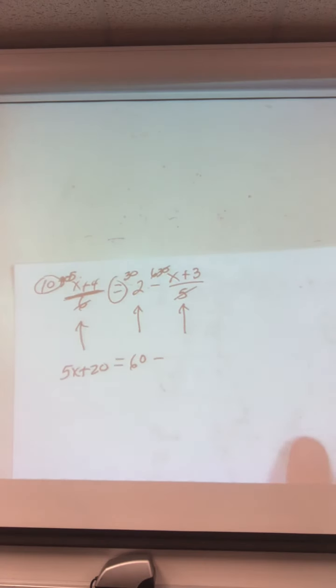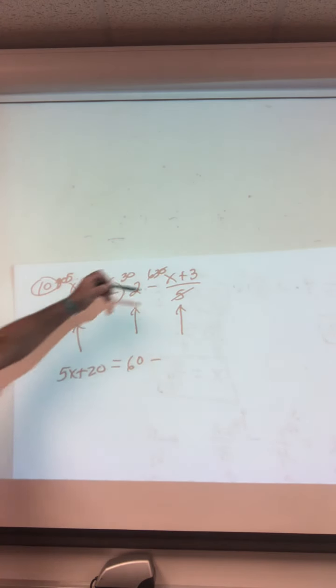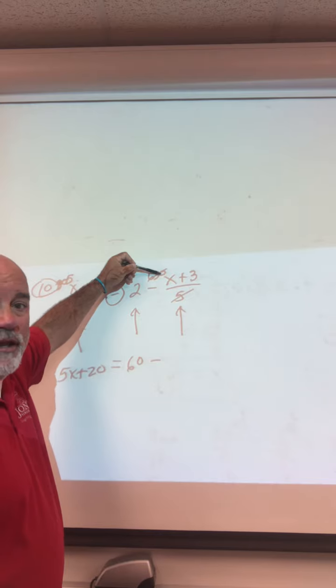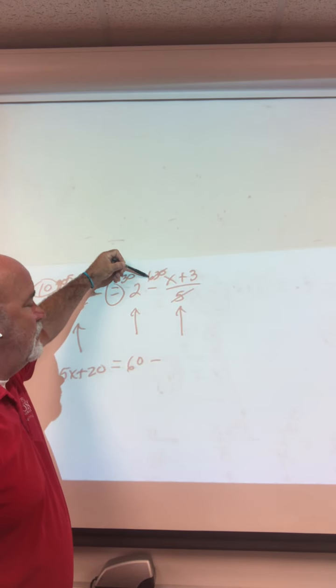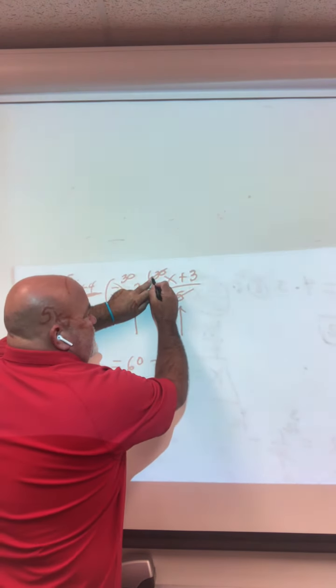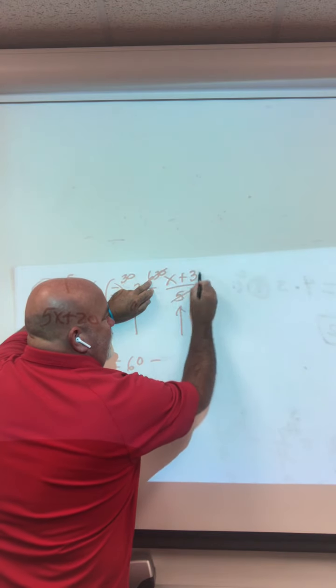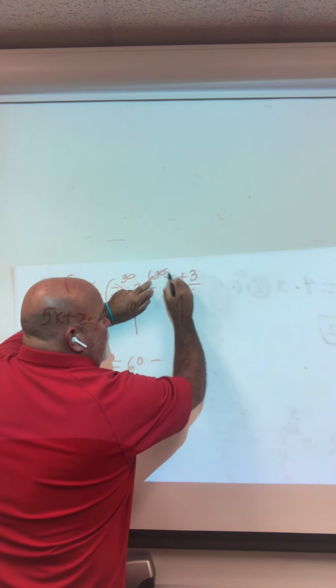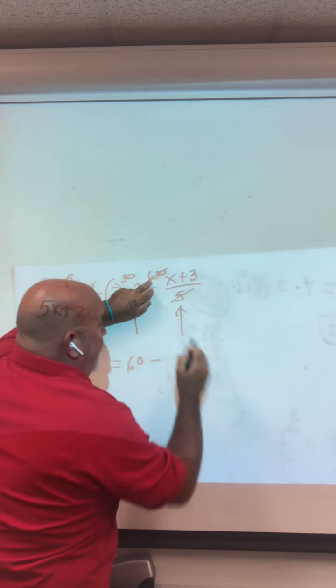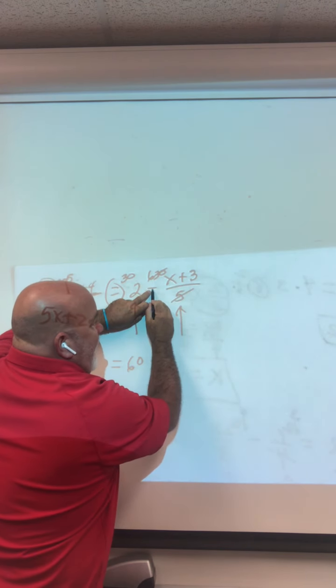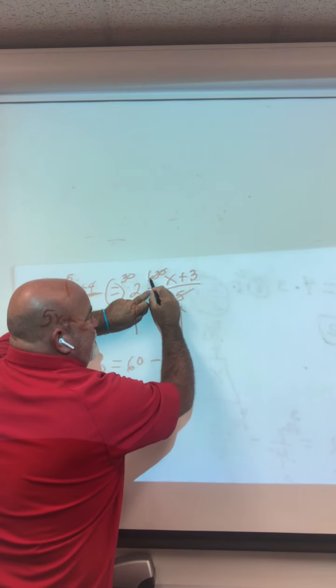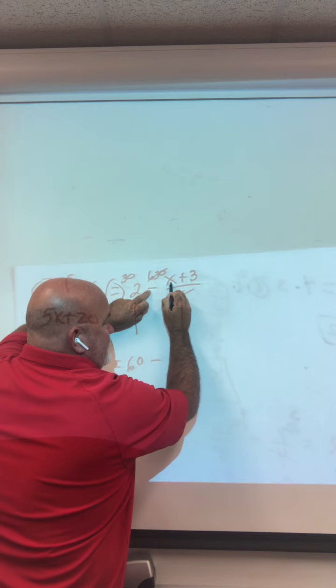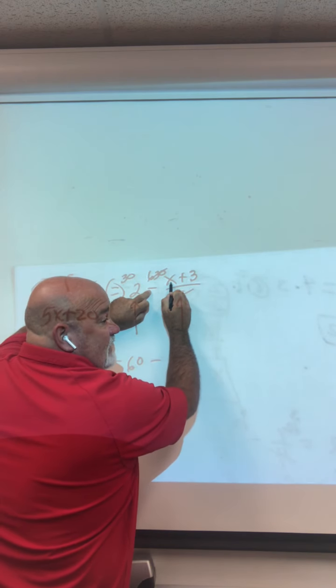Minus. Now, be careful right here. How many times did 5 go into 30? 6 times. Now, what have I got to do to this 6? Multiply everything that's in the top. But don't forget that this 6 is negative. So it's negative 6 times x, which is negative 6x.